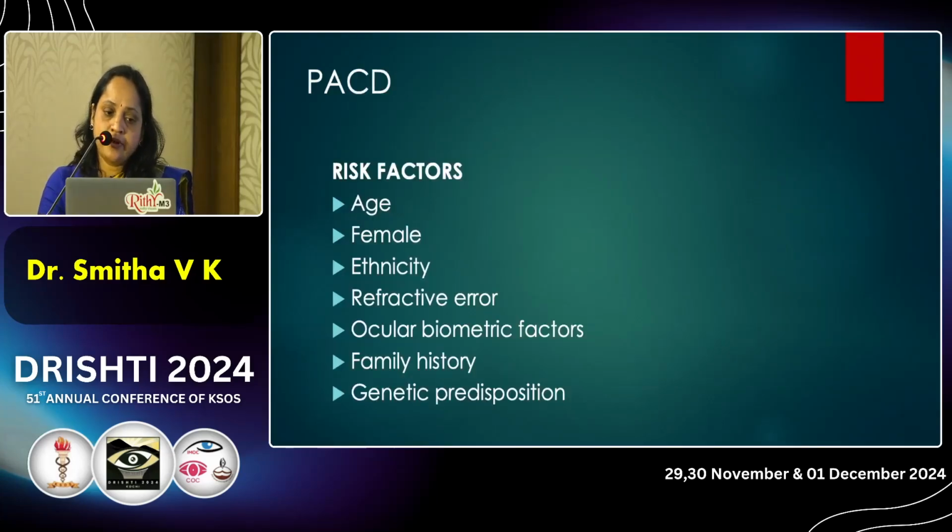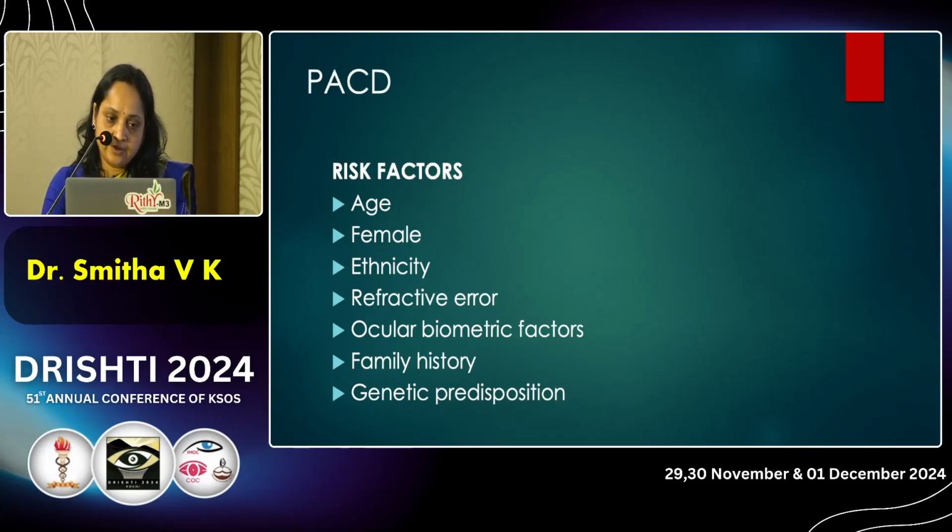The risk factors include age. With increased age, there is an increase in the lens thickness and forward movement of the lens, which results in angle closure. Females are more prone to angle closure disease, and hypermetropes are more likely to have angle closure. The Southeast Asian population is at more risk, and if there is a family history of angle closure, there is high risk.